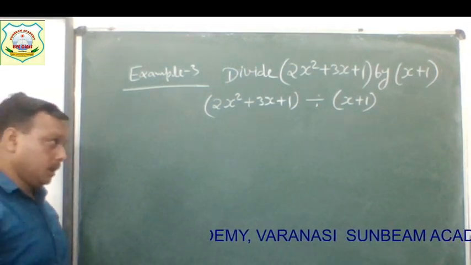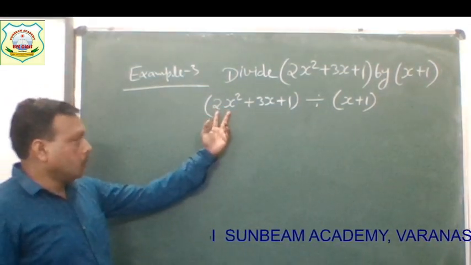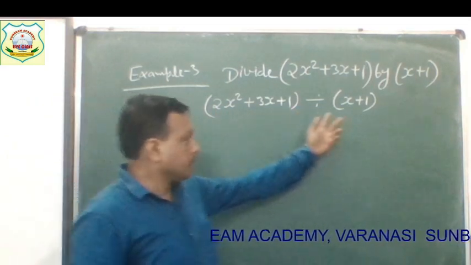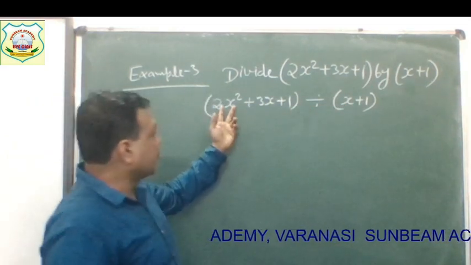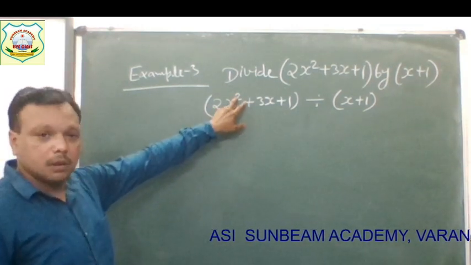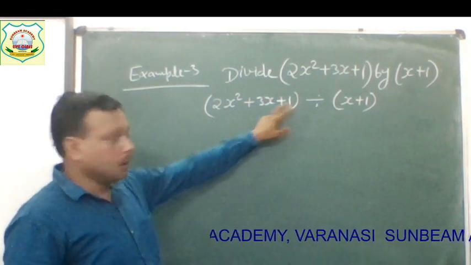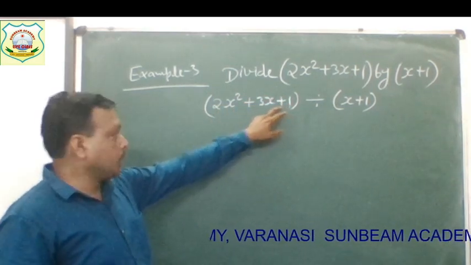Before dividing these two values, first of all we will check whether the terms given here are in decreasing order or not. 2x power 2, here x power 1, and here the constant. So it is correct, no need to change it.